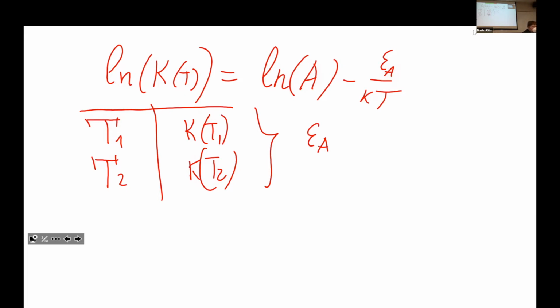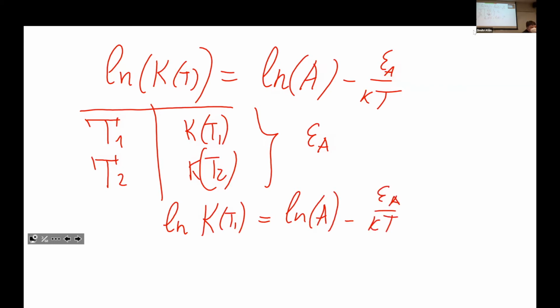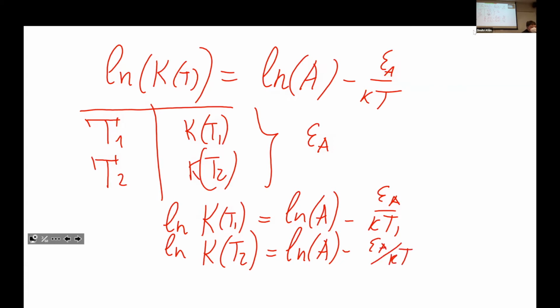So if you plug in these values T1, T2 into the equation, you get ln k of T1 equals ln of the pre-factor minus activation energy divided by kT1, and ln k of T2 equals ln of the pre-factor minus activation energy divided by kT2.